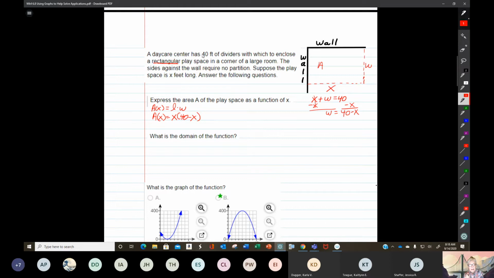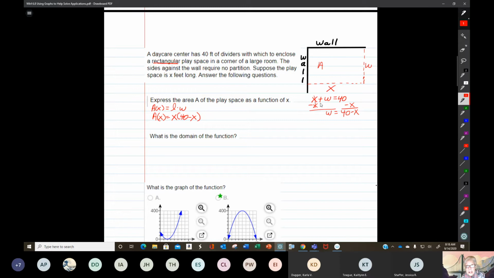If X, the length, were 0 feet long, and we're not measuring in inches, so we can't say, well, maybe it's 3 inches. No, if it's absolute 0 long, then all 40 feet of dividers would be flush against this wall. And there would be no play space.